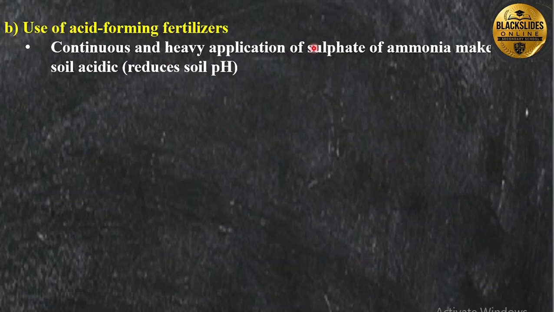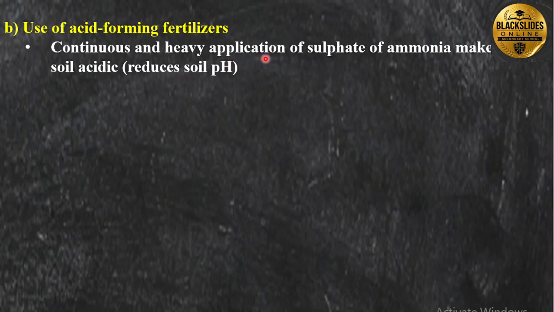Adding sulfate of ammonia will form an acid called sulfuric acid. Sulfuric acid will make the soil highly acidic, but it will reduce the pH. So pH decreases, but acidity increases.